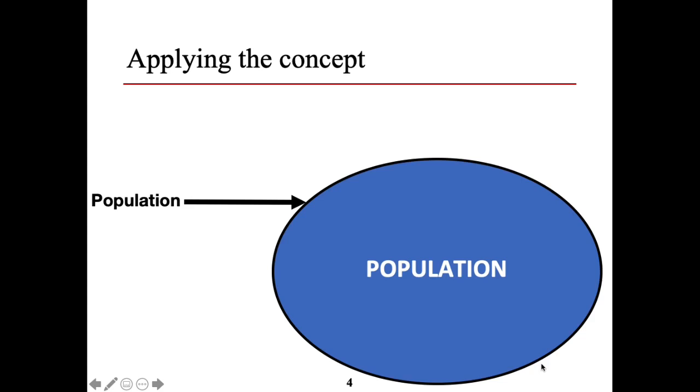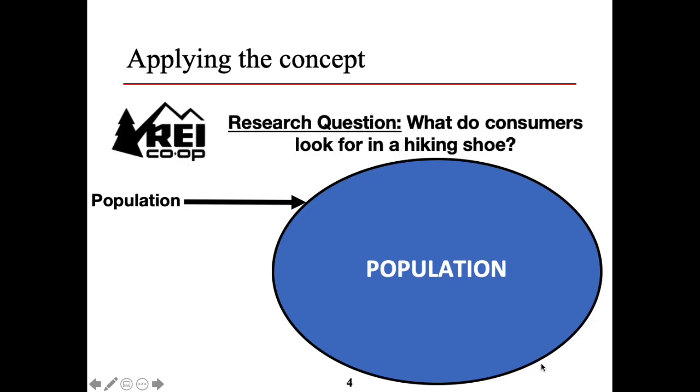So for example, we could be working with REI. They're an outdoor sporting goods store, and a research question that they might have is, what do consumers look for in a hiking shoe? And they may be asking this question because they want to promote a certain type of hiking shoe. They may be wanting to develop a hiking shoe for their store that's their own brand.